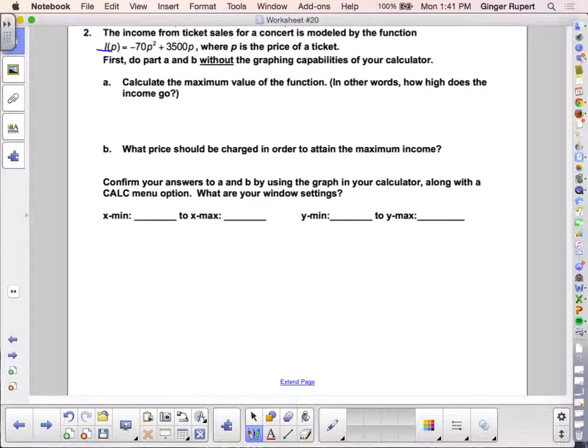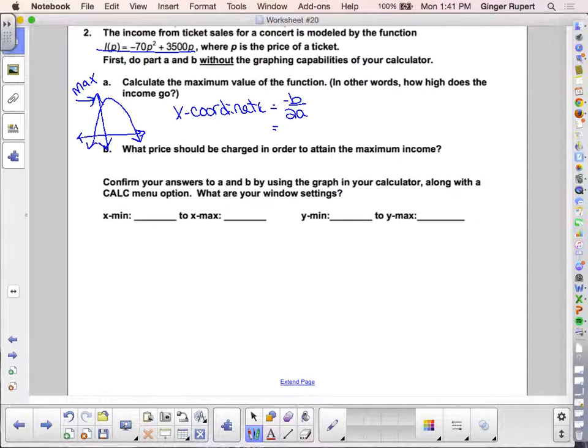When you look at this function, you should recognize that it's going to open down and it will have a maximum value. Remember that maximum value occurs at the vertex. To find the vertex, we'll find the x coordinate at minus b over 2a.